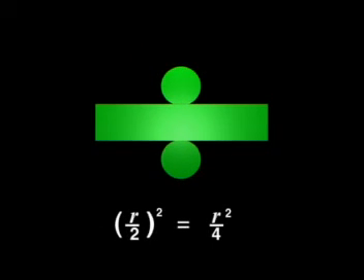This makes sense because r divided by 2 and then squared gives r squared divided by 4. The smaller radius will also cause the circumference to be smaller. Remember that the circumference becomes the length of this area around the cylinder.